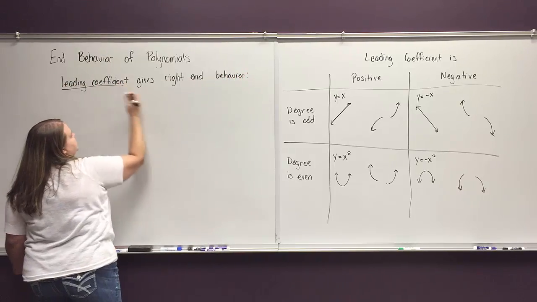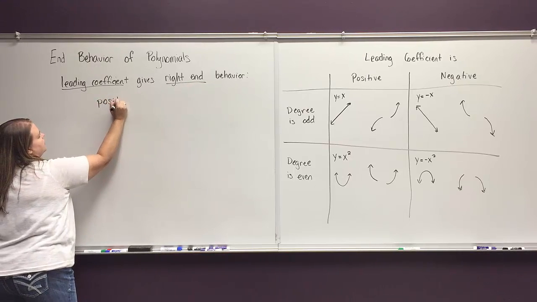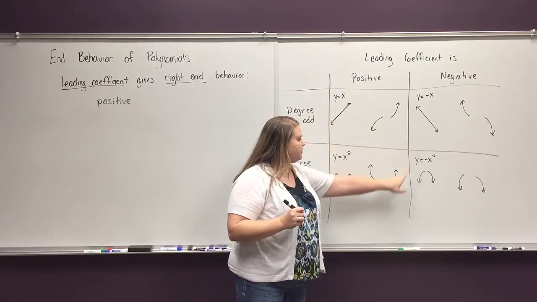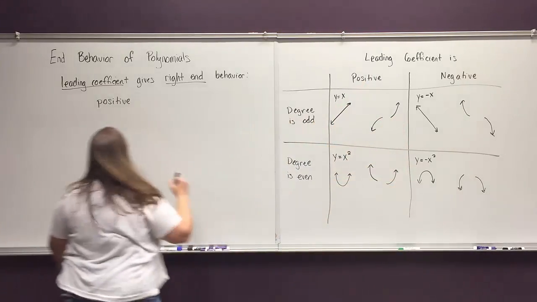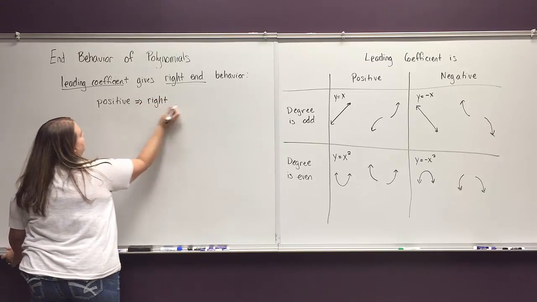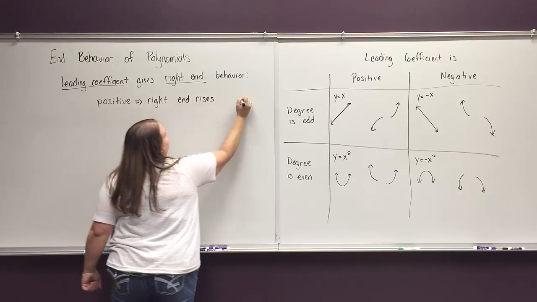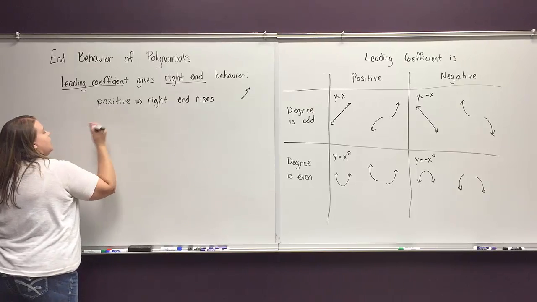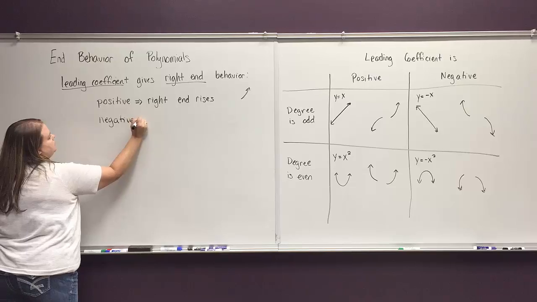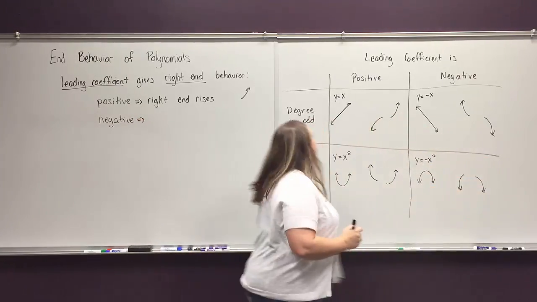So the leading coefficient gives us the right end. If the leading coefficient is positive, notice in both cases where the leading coefficient is positive, my right end rises. If my leading coefficient is negative, again, here, both cases, my right end falls.